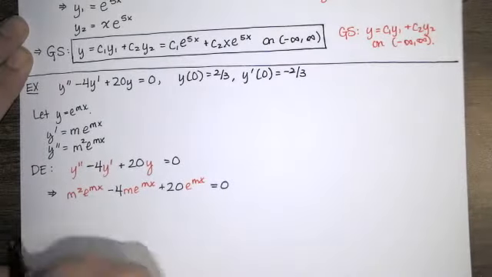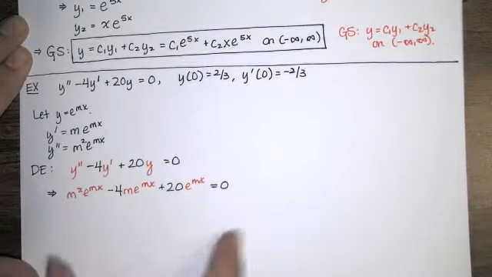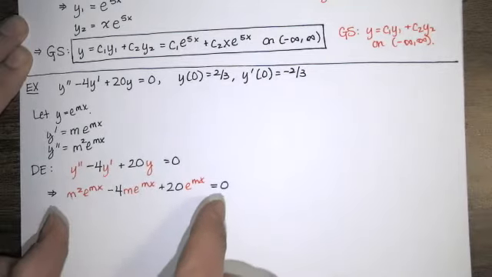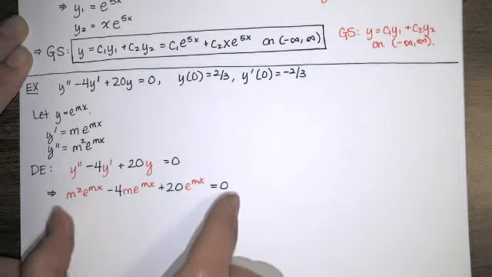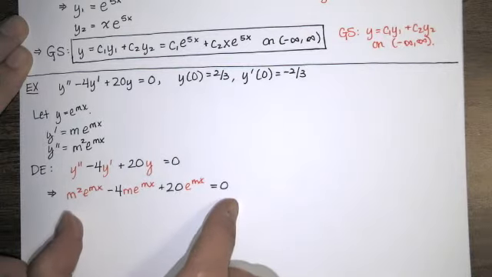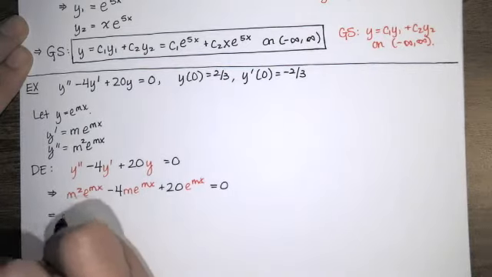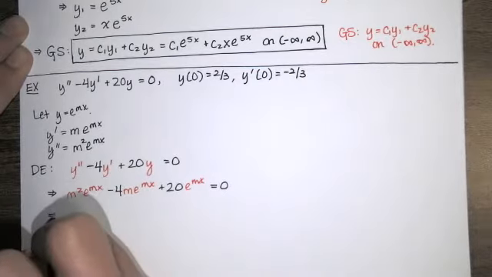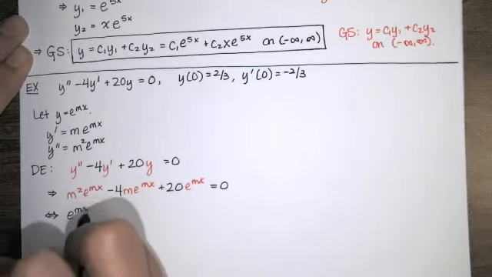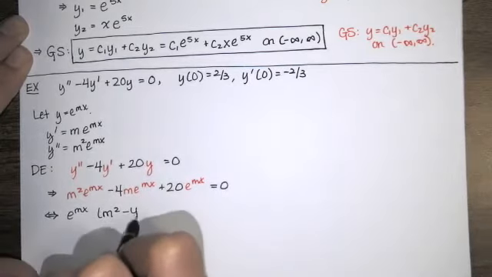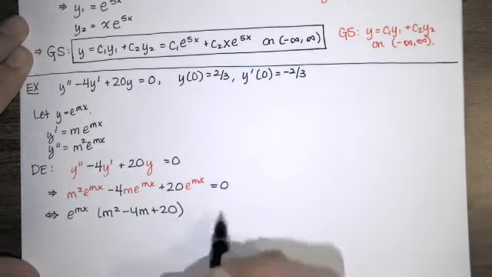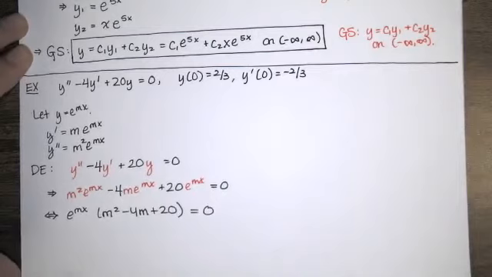If we add all these together, we get 0 for the right values of m. Now we want to find the values of m that cause this to be 0. So we'll factor out the e to the mx. So we've got m squared minus 4m plus 20 times e to the mx equals 0.